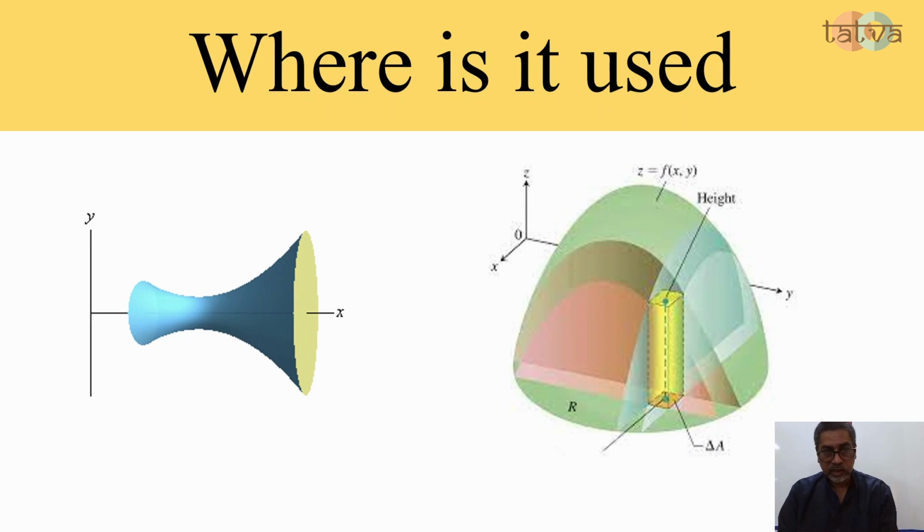You can see that on the left side of your screen, we have got a surface that is generated through a revolution process. So surfaces, as you can imagine, are generated by revolving arcs about some axis. It need not be always the x-axis, it can be y-axis, or it can also be some oblique axis.